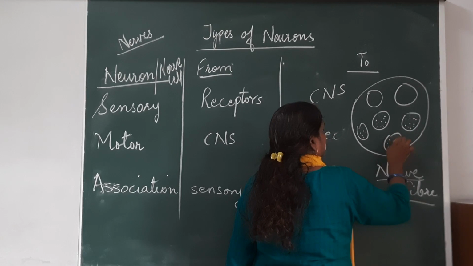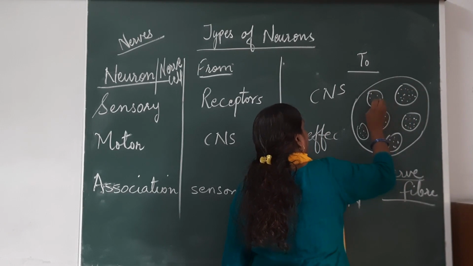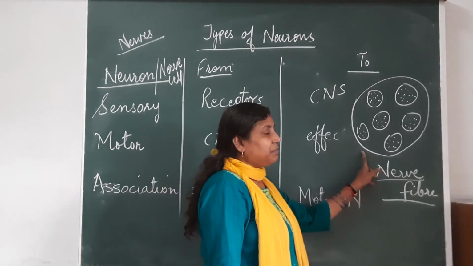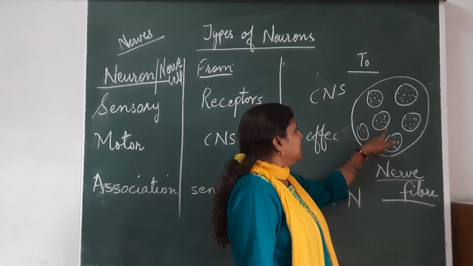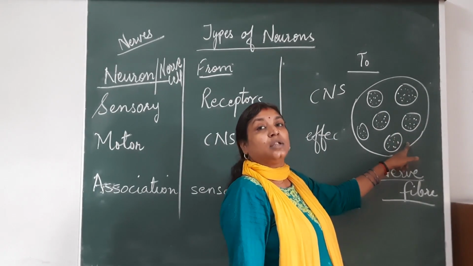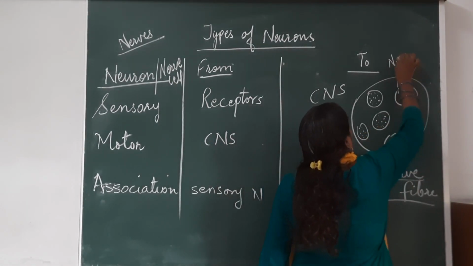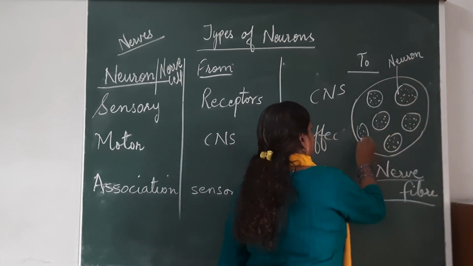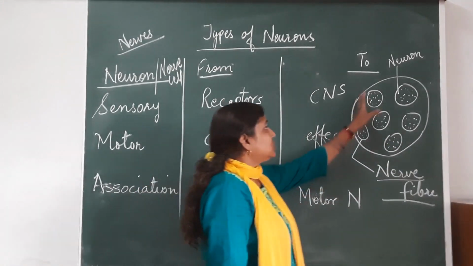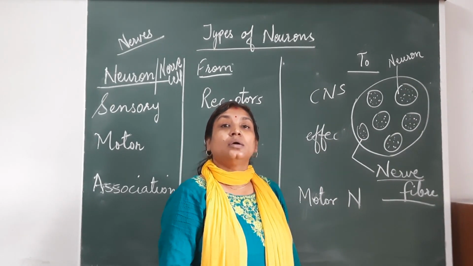This entire structure is your nerve or bundle of nerves. So this one big bundle is your nerve. Then these smaller bundles are known as nerve fibers. And then we have neurons. Each one is a neuron and each bundle is a nerve fiber. Clear? And this entire big one is your single nerve.